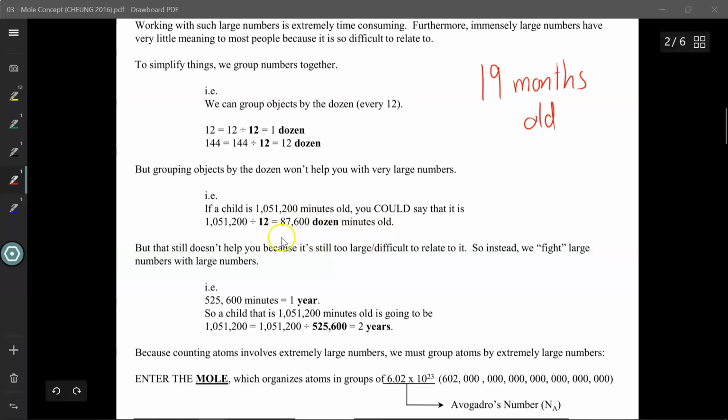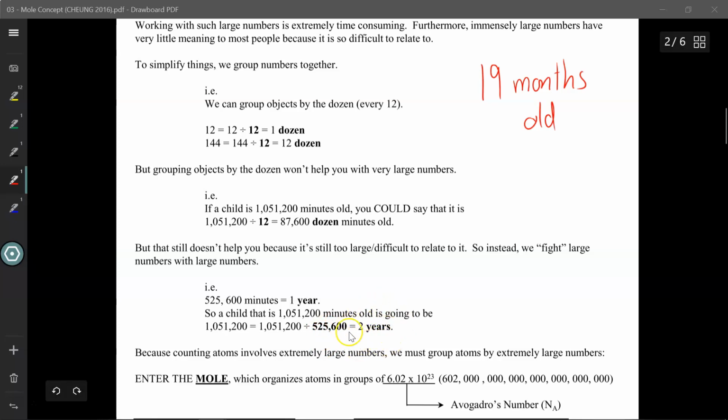So I need to group things by an even bigger number. Well, 525,600 minutes is equivalent to 1 year. So if I group the minutes by year, 1,051,200 minutes divided by 525,600 minutes gives me 2 years.